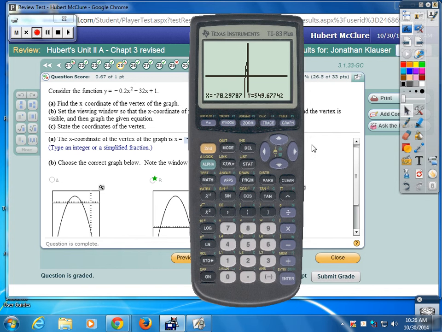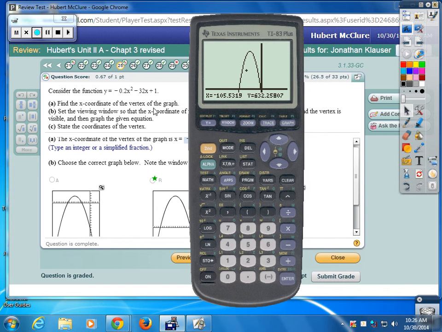There's your function. So now I'm going to hit zoom box, and this is just the way I do it. And I see my vertex is right in there somewhere, so I'm going to hit enter and pull it down and over. And now you found, there it is. Now what does it ask?